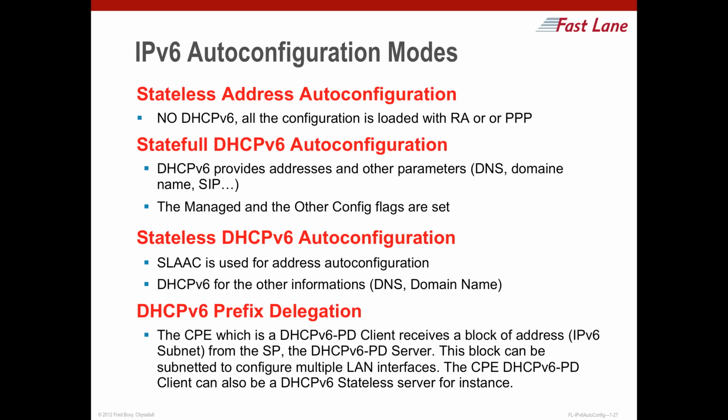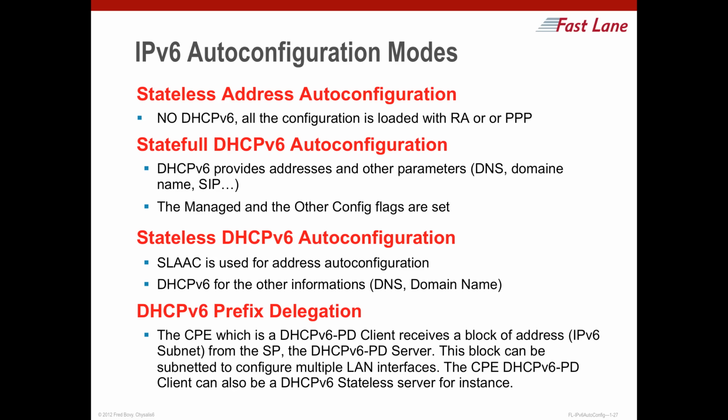So we have many different kinds of modes for IPv6. Stateless address autoconfiguration, where we don't need any DHCPv6 server. We have the stateful DHCPv6, when we use DHCP to get addresses and servers information, for instance.